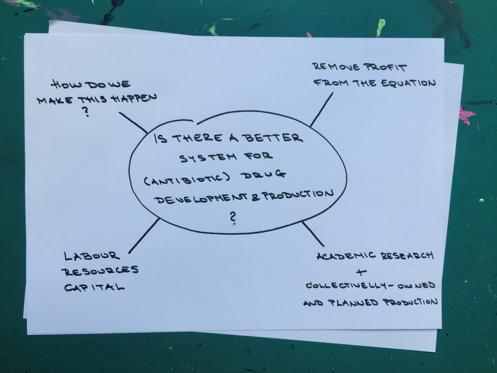Also, you have the people who already exist in the pharma industry, both in R&D and also in the production. So the labor is there. The second factor is the resources. And this would require a massive scale up of academic research capacities because what we have now would not be enough.